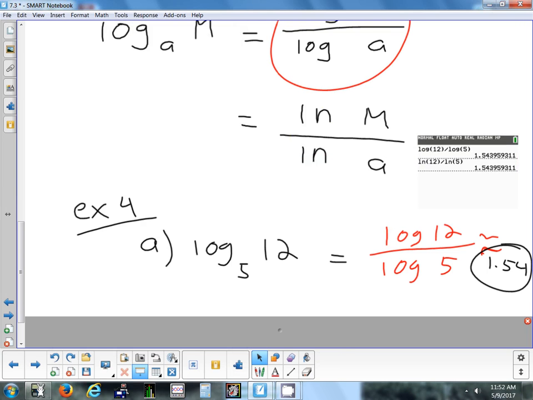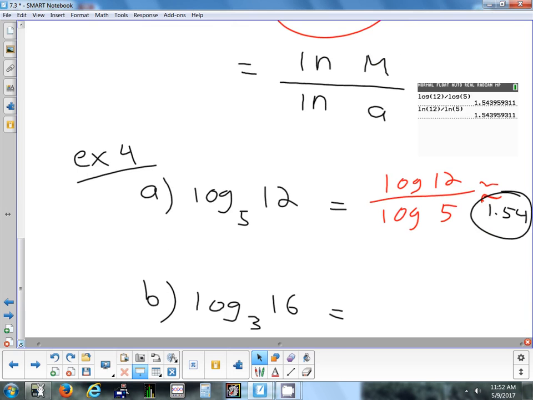So it's pretty straightforward. That's all you have to do to type in a base that's not 10 or e. Log of the argument, divide by log of the base. And that's just another one that's the same. Anyone need to see another one like that? We're okay with those? All right.